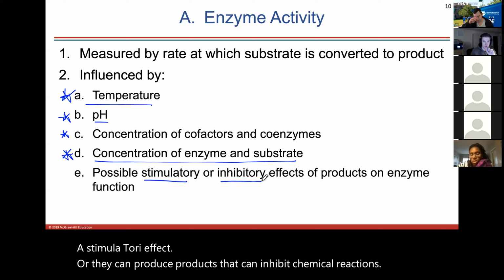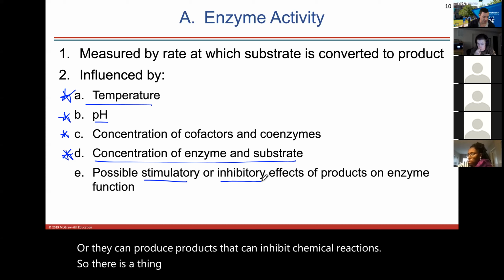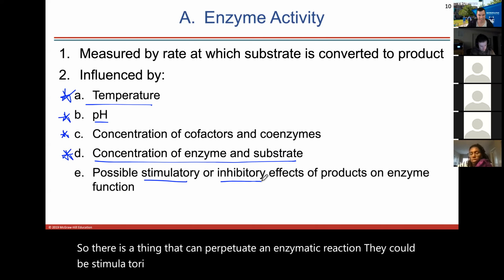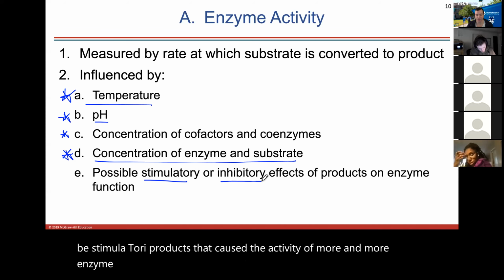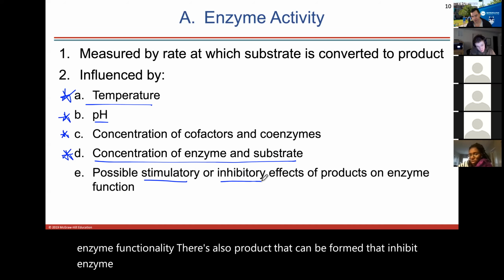So there is a thing that can perpetuate an enzymatic reaction. They can be stimulatory products that cause the activity of more and more enzyme functionality. There's also products that can be formed that inhibit enzyme function and functionality. So it just depends on what the specific thing is.